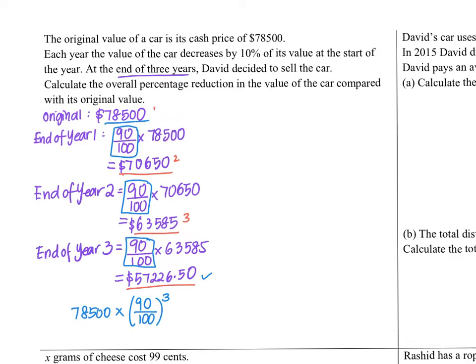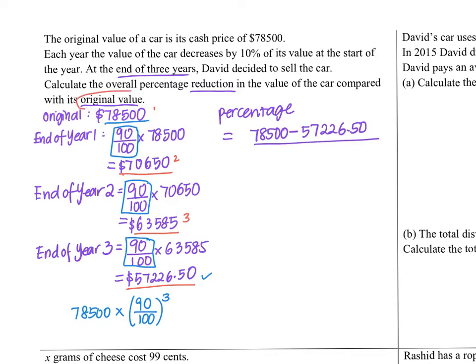Have we met our objective yet? The question did not say they only want the final value, right? They say calculate the overall percentage reduction compared to its original value. So how do I find the reduction? The percentage reduction is given by taking the original value, subtract the final value, over, compared to what?